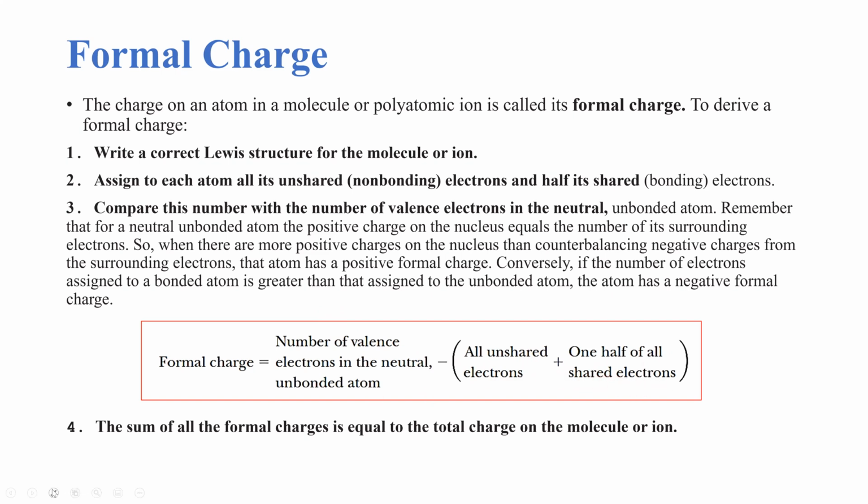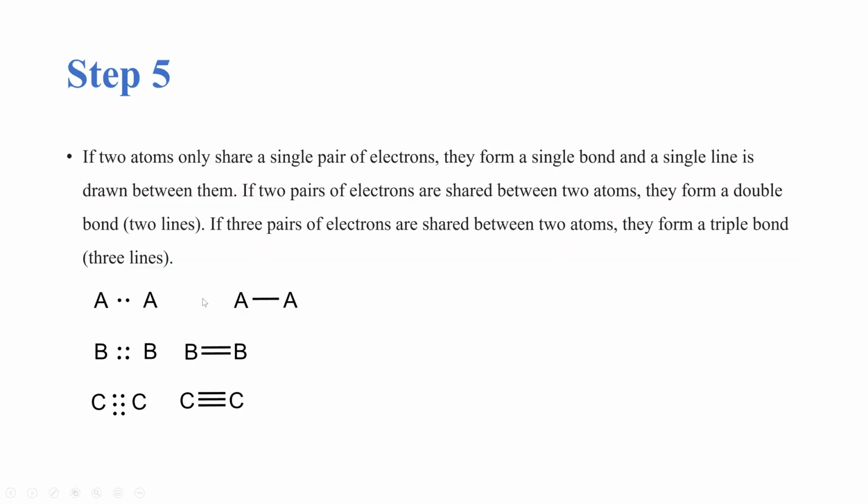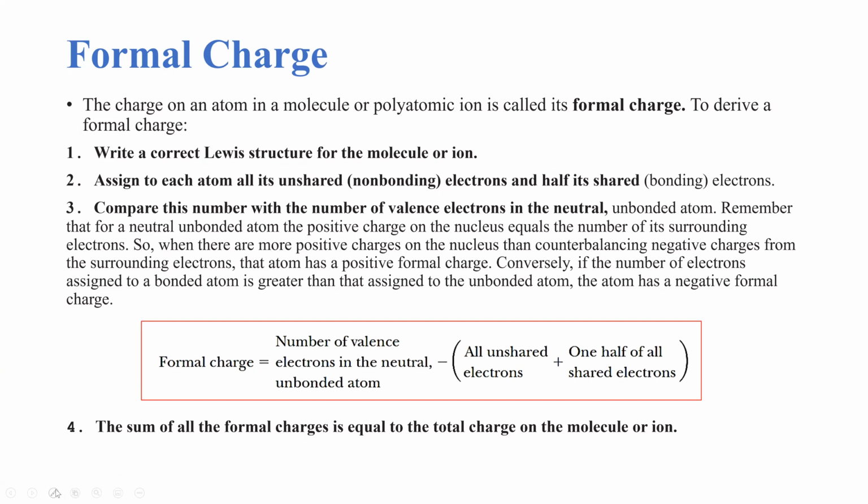So I can simplify this more for you. The formal charge calculation is equal to valence electrons, minus non-bonded electrons, or you can say the lone pairs, because the lone pairs are the non-bonding electrons which the atom originally has, but they are not participating in the bonding.